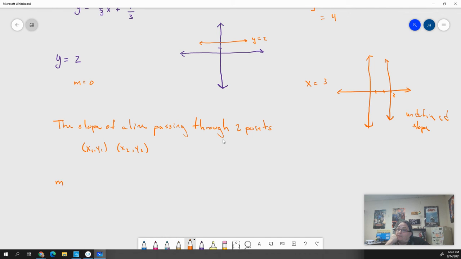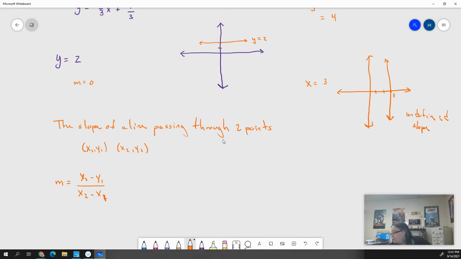I have a formula, and that formula is m equals y2 minus y1 over x2 minus x1.